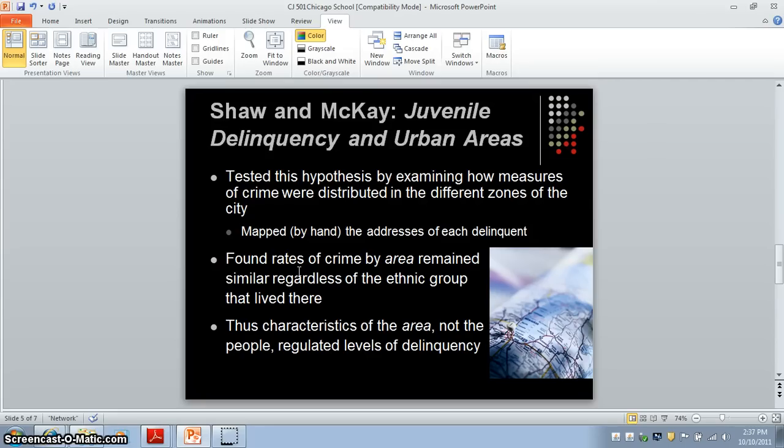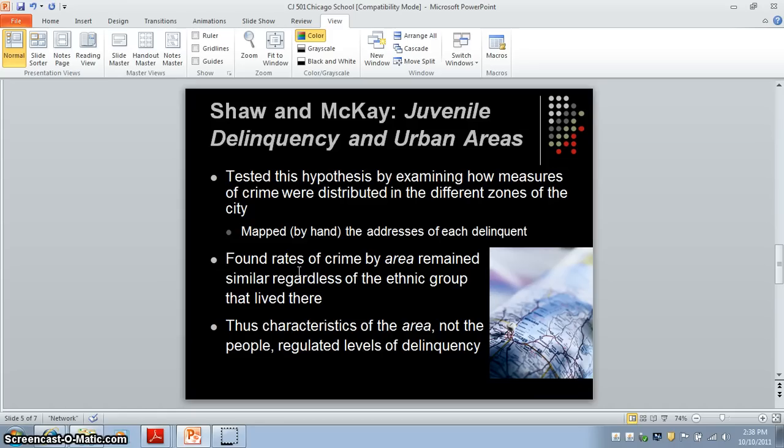So they mapped by hand, and they mapped the addresses of each delinquent that had some kind of contact with the CJ system, and they found that rates of crime by area remained similar regardless of the ethnic group that lived there. Thus, it was the characteristics of the area, not the people, that regulated levels of delinquency.